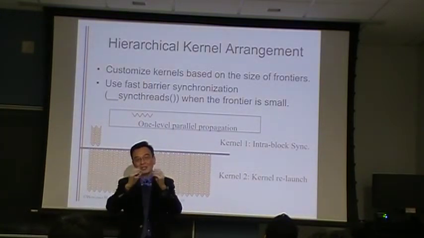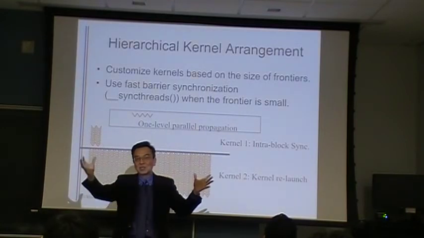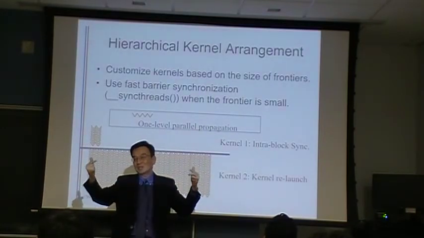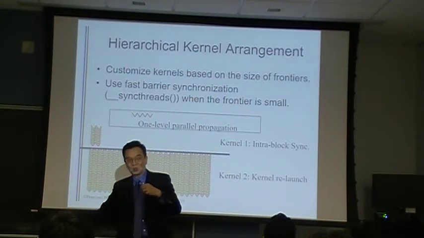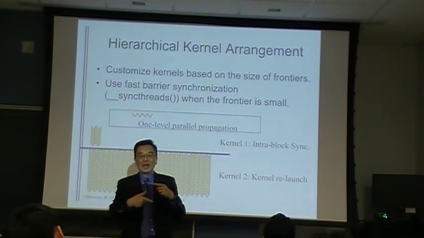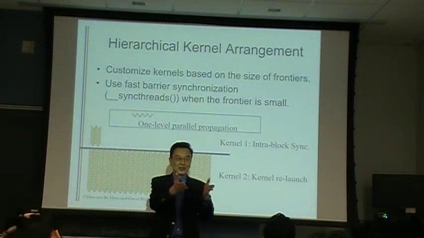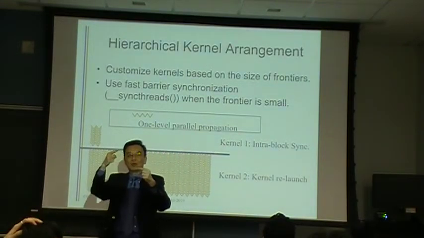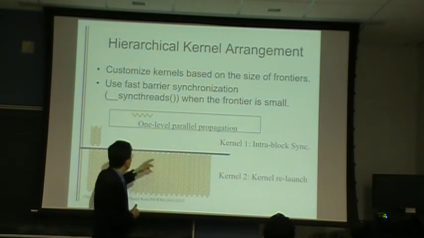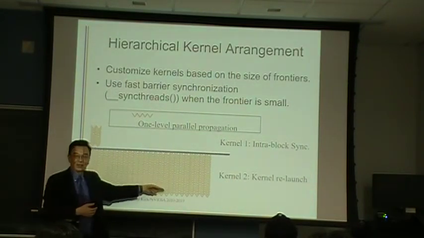When the frontier is bigger than your shared memory, that's the signal that you need to go to the global queue. And that's when you launch a different kernel. So the first kernel will terminate at that point, and you start to launch one kernel for each iteration. So this is the small kernel, and this is the big kernel.